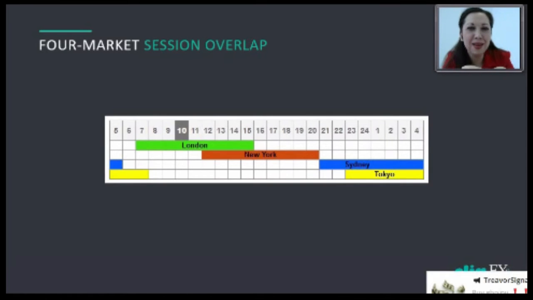These overlapping periods are the most active periods in the market. If you are a trader who wants your trades to develop very actively, I highly recommend using exactly these periods of overlapping sessions.